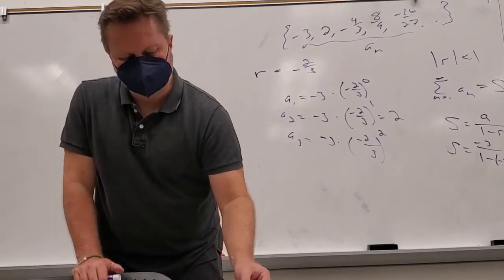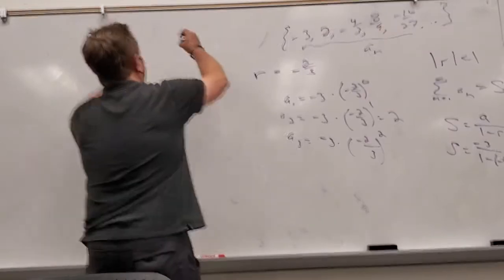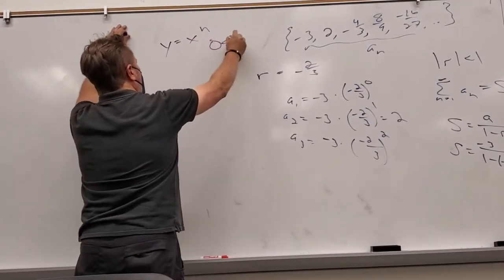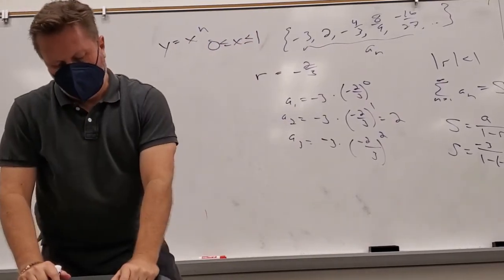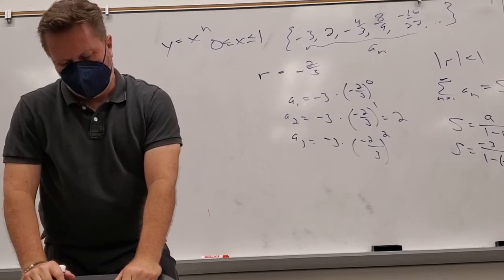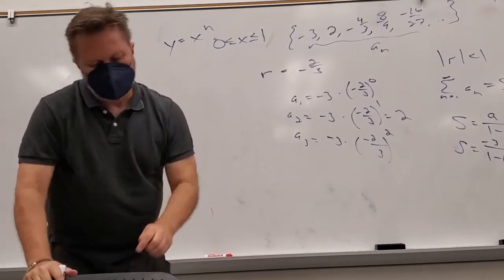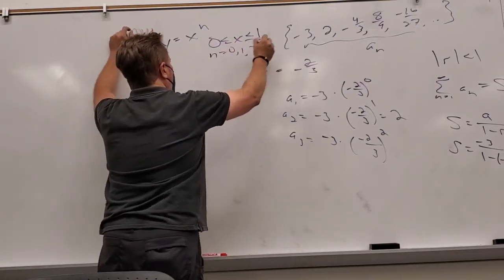Okay, so for example, they want you to graph this, where x is between 0 and 1, and n is 0, 1, 2, 3, and so on.